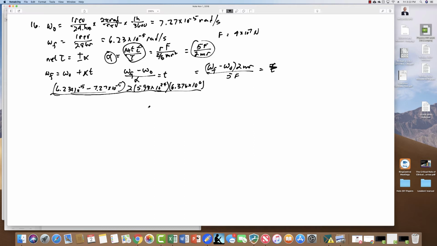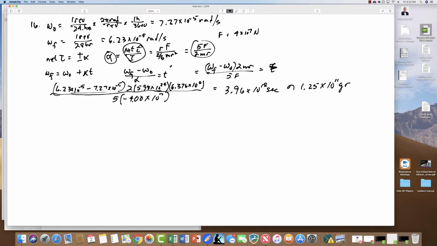And all of this will be divided by 5 times the force we're exerting. And you can see, because of these huge numbers up here, that this is a very small number, so t ends up being 3.96 times 10 to the 18 seconds, or 1.25 times 10 to the 11th years.